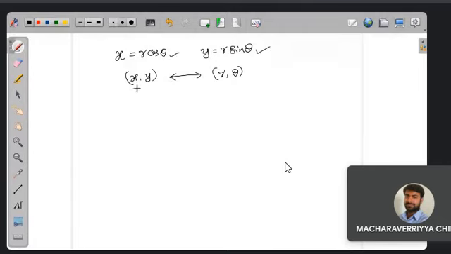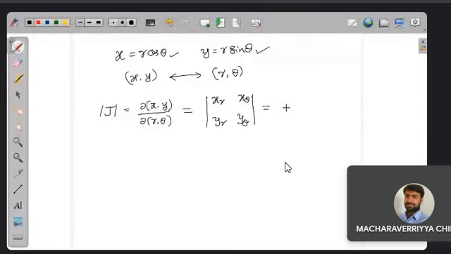All right. Now, if I see the Jacobian, that is Jacobian of x comma y with respect to r comma theta, that will be equal to the matrix x_r, x_theta, y_r, y_theta.